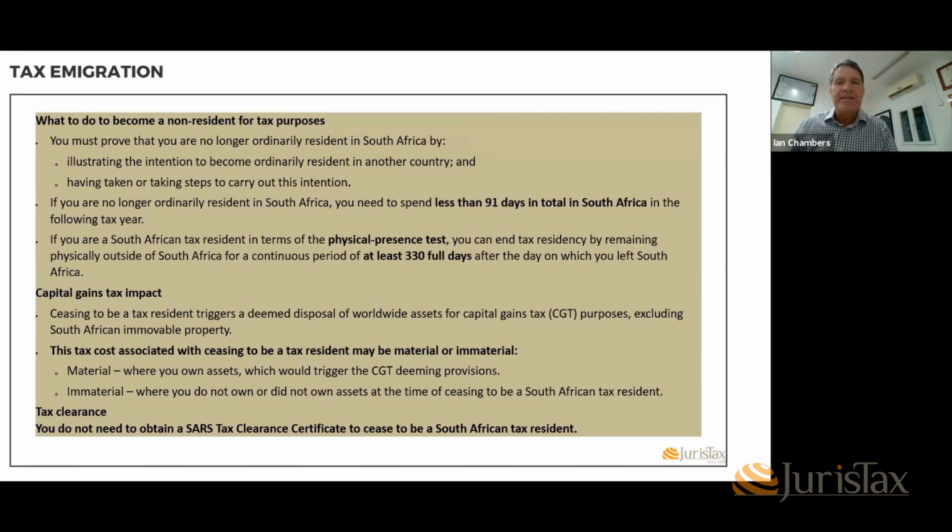The difference between the market value when you are deemed to reacquire them and the original cost, the base cost, triggers a capital gain, and it's colloquially known as the exit tax. So you trigger a capital gains tax liability on giving up your South African tax residency. It's effectively the last bite of the cherry that South Africa has on its immigrating residents.